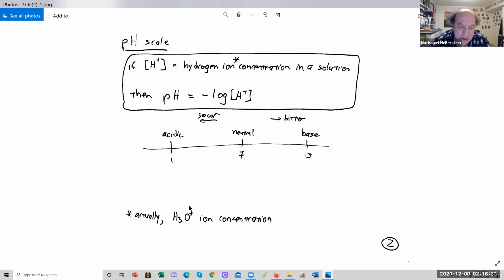What happens is it attaches itself to a water molecule and thus becomes an H3O plus ion, known as hydronium. So the pH is minus a logarithm of the hydronium ion concentration. In neutral water it's about 7; 10 to the negative 7th is the concentration of hydronium ion in a solution.